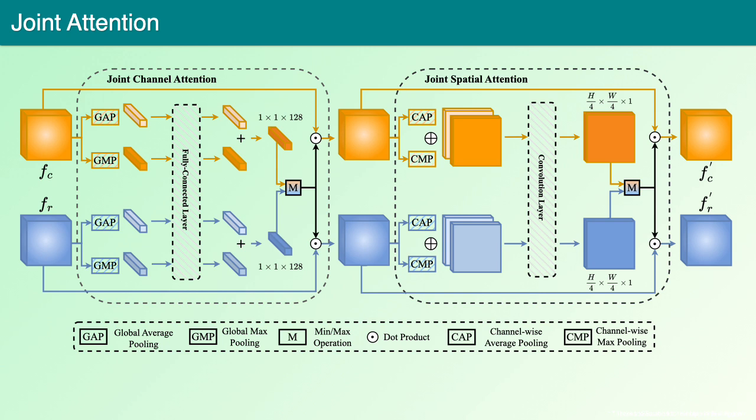These channel attended features are further passed through joint spatial attention. The features are summarized channel-wise to finally receive a matrix of one channel each in both branches. These matrices are computed in a similar manner as joint channel attention and multiplied with previously attended features to finally receive the jointly attended features.